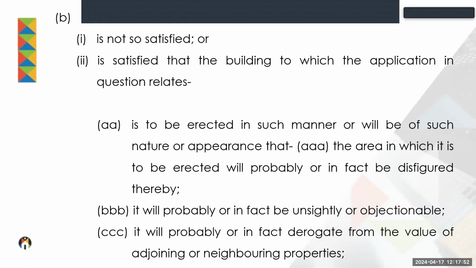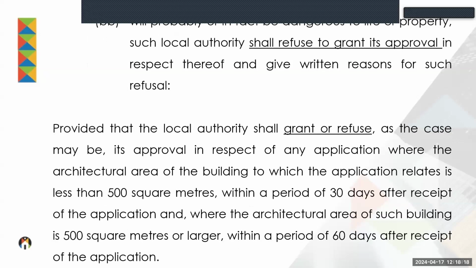Or if they are satisfied that you've done that, but that the building will be erected in such a manner or be of such nature or appearance that the area in which the building is to be erected will probably or in fact be disfigured thereby. It will probably or in fact be unsightly or objectionable, and it will probably or in fact derogate from the value of adjoining or neighboring properties. Or it will probably or in fact be dangerous to life or property.